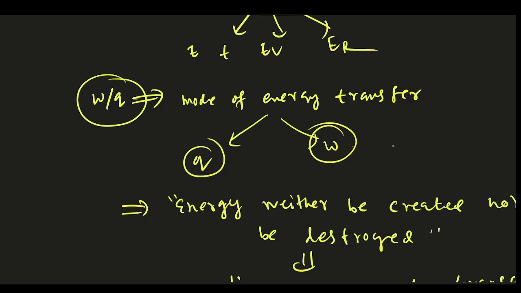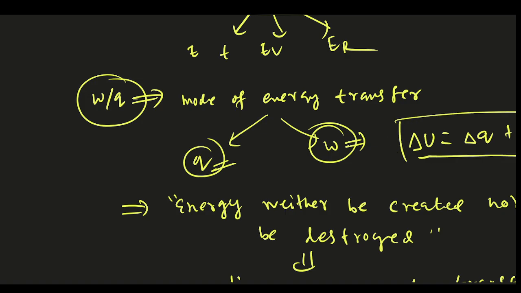So what the first law of thermodynamics says is, since energy is transferred only by these two modes, and it can only be transferred from one point to another, internal energy will come if you add these two modes of energy transfer. This is called the first law of thermodynamics.